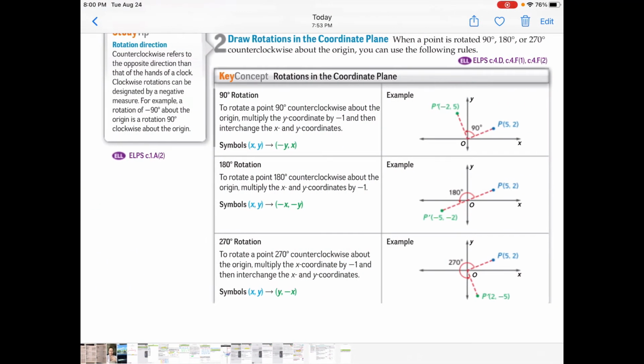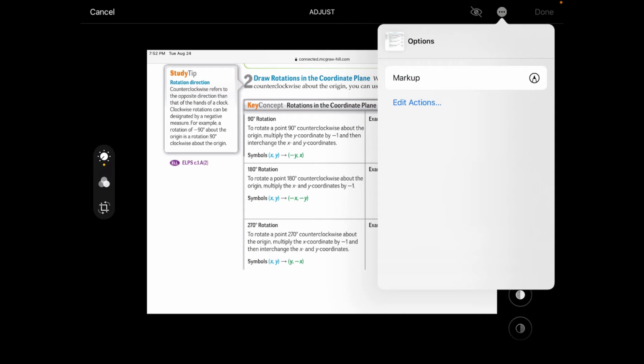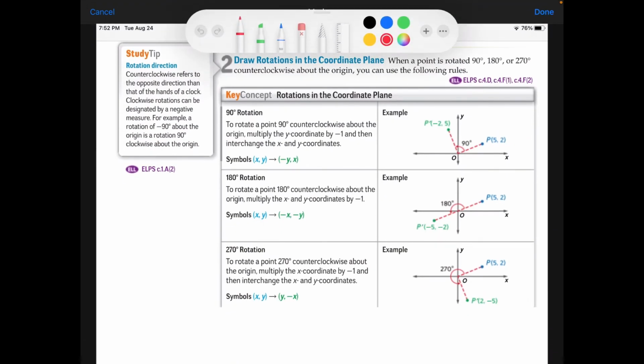Before we can do some examples, we have to understand the rules. So here are some very important common rotations, and make sure you take a look at these rules.